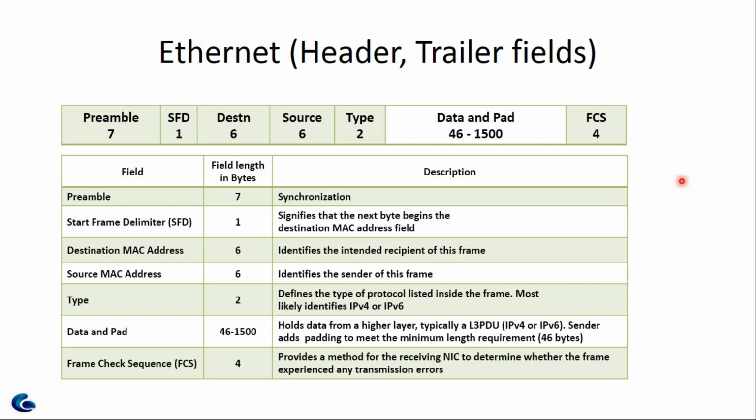That means it didn't undergo any transmission error, with zeros turning into ones or ones turning into zeros. That means it has been an error-free transmission. So if layer 2 is happy that the receiver's FCS and the sender's FCS tally, then it will pass the user data to the upper layer for processing.